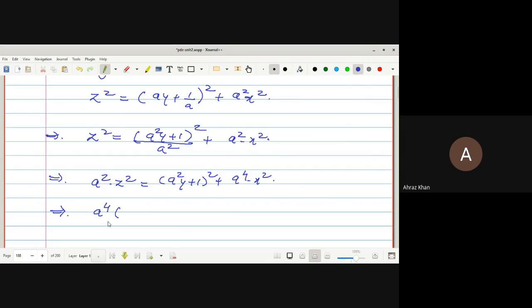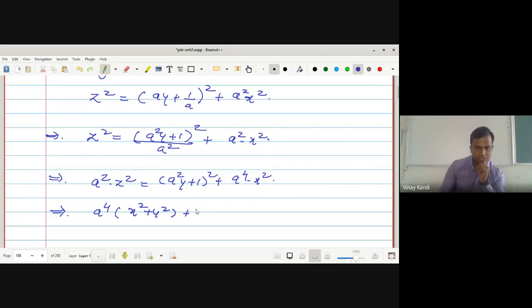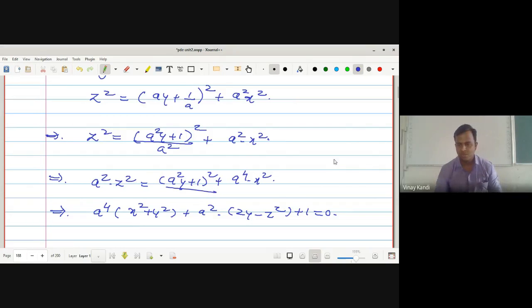A raised to 4 y square plus 2 a square x y square plus 1, plus y square plus a square into bracket, this is 2y minus z square plus 1 is equal to 0. After expanding and taking common, a raised to 4. Okay, so this is the equation number 7. So this is the one parameter family of curve now.